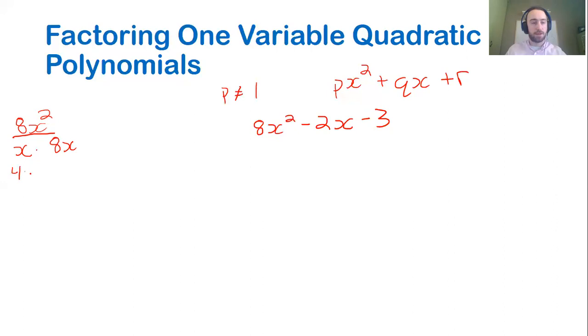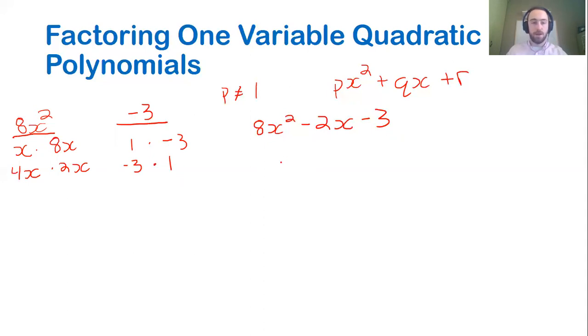And we could have 4x and 2x. Right? And what about for negative 3? Remember, because we also have to write out our factors for our last term. Well, for negative 3, we simply have 1 and negative 3 and negative 3 and 1.